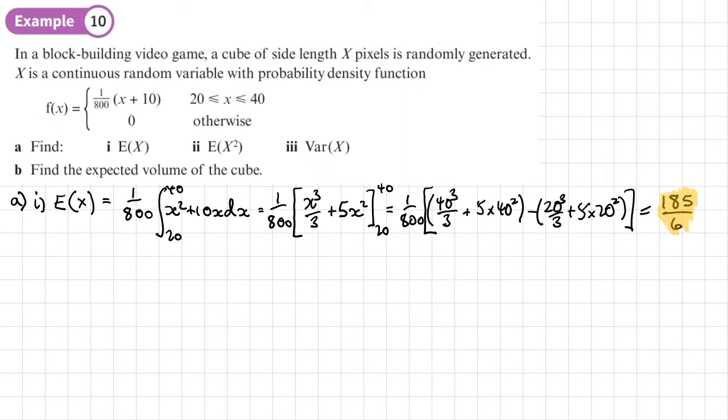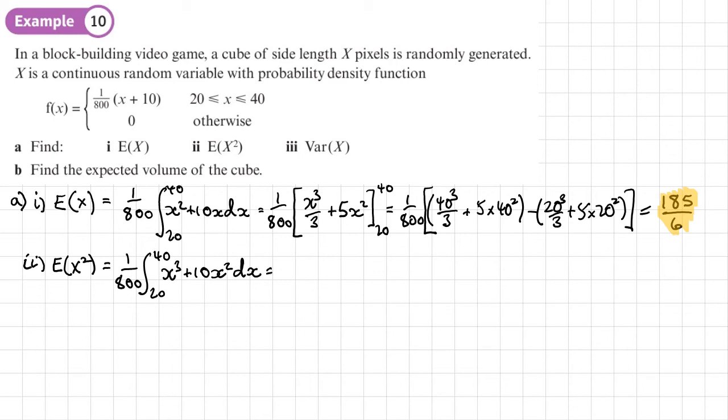Right, let's move on to the next bit here, where we need to work out E of x squared. Right, so very similar to what I did before. Take the 1 over 800 out, and then it's just this function here times x squared, which will be x cubed plus 10x squared, not 10 squared, 10x squared.